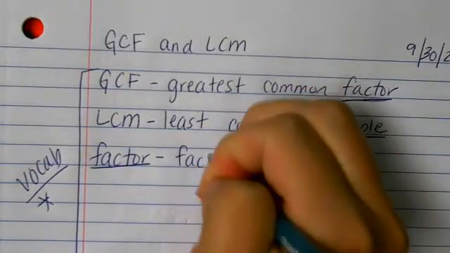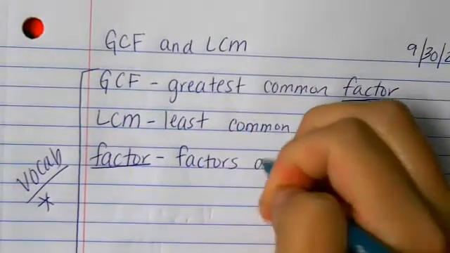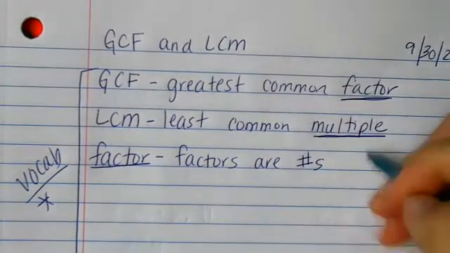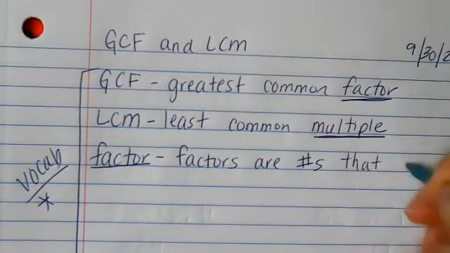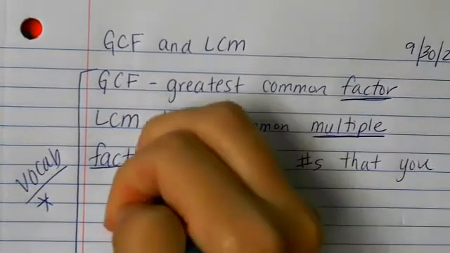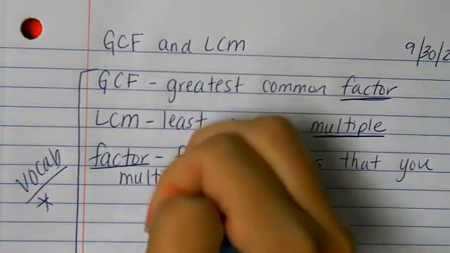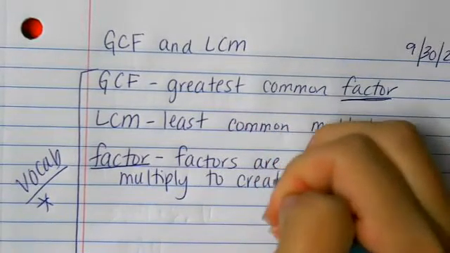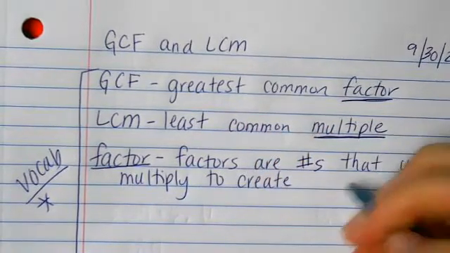Factors are numbers, and I'm just going to abbreviate with the number sign, that you multiply to create or find or determine another number.